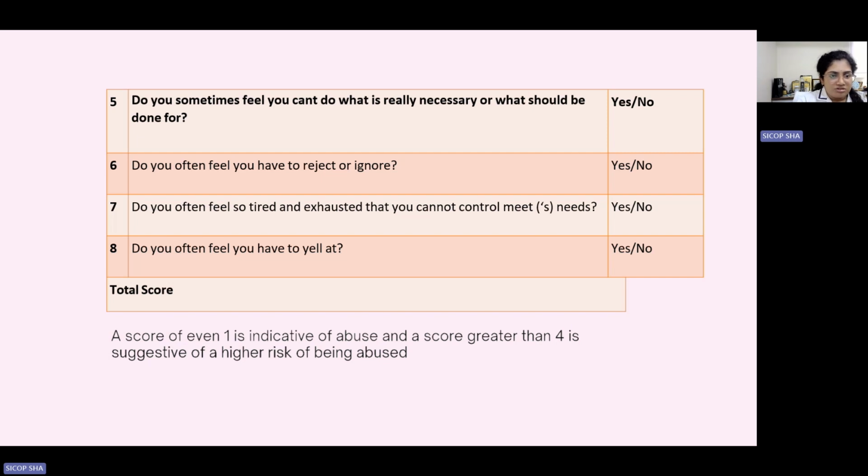If all the questions are yes, it means some abuse is going on. A score of 1 is indicative of abuse, or a score of greater than 4 is suggestive of higher risk of being abused. Out of 8, if 4 questions are yes, that means the patient is under abuse.